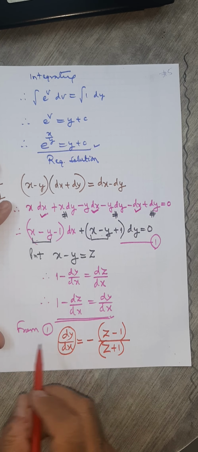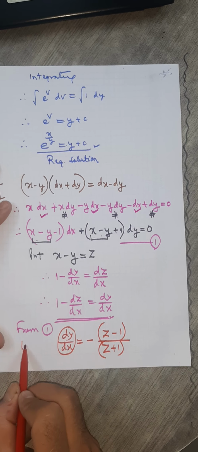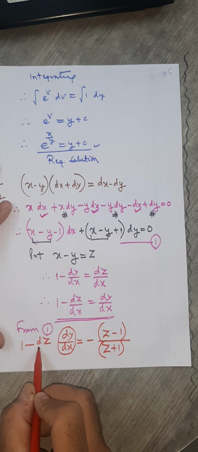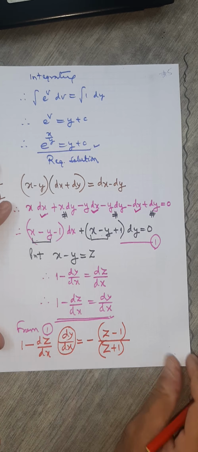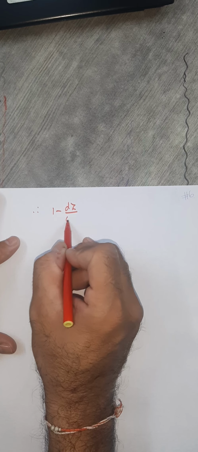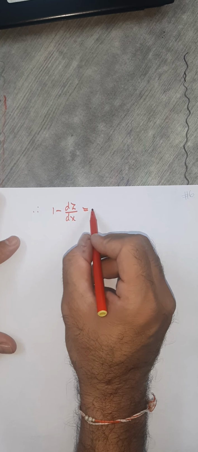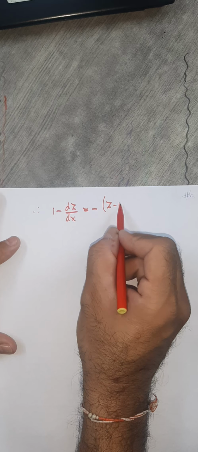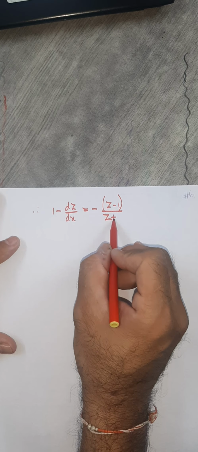And what is this? That you can write 1 minus dz by dx. So finally we have this: 1 minus dz by dx equals minus (z minus 1) upon (z plus 1).